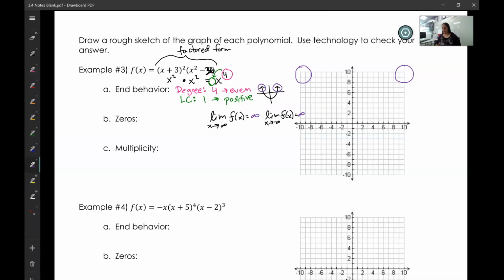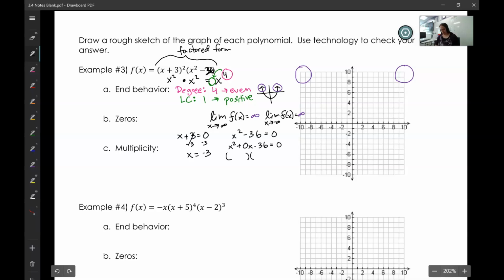Now let's do zeros and multiplicity. For zeros, that's where we set each factor equal to 0. This first one is pretty easy, minus 3, I get x equals negative 3. This one I'm going to have to factor, like our last chapter skills.